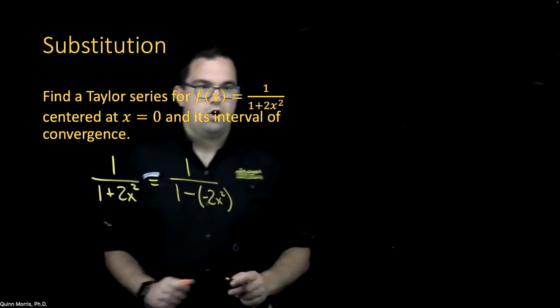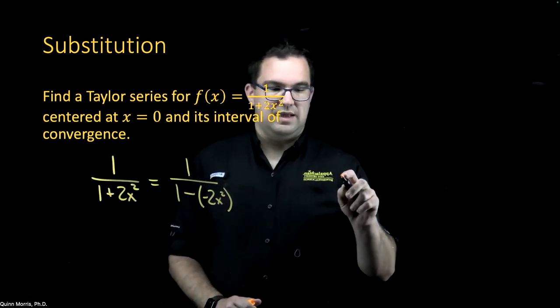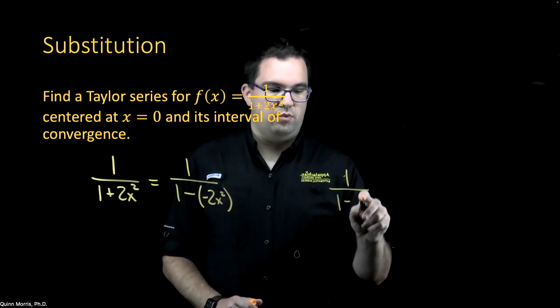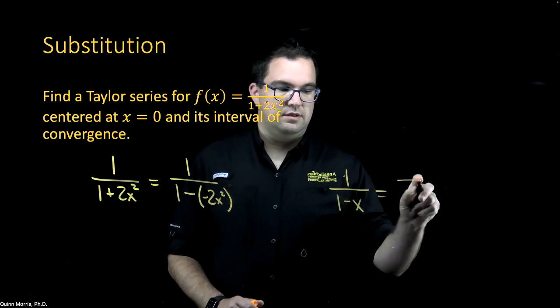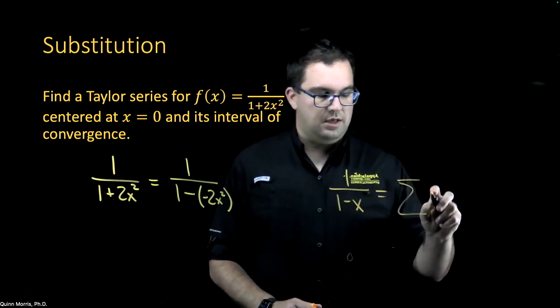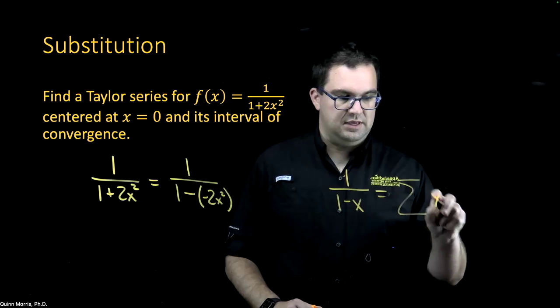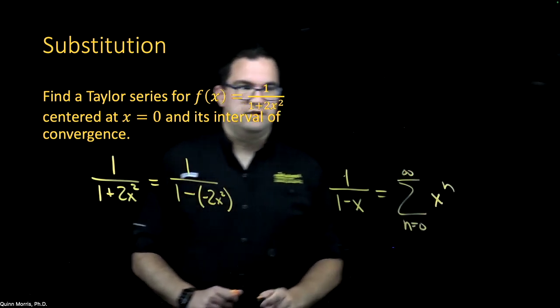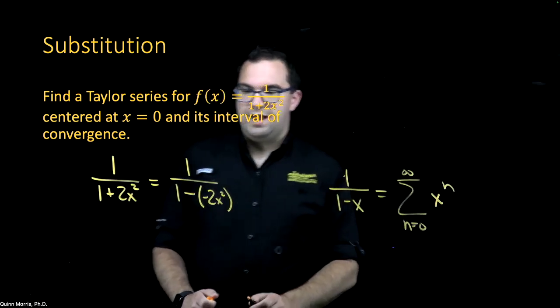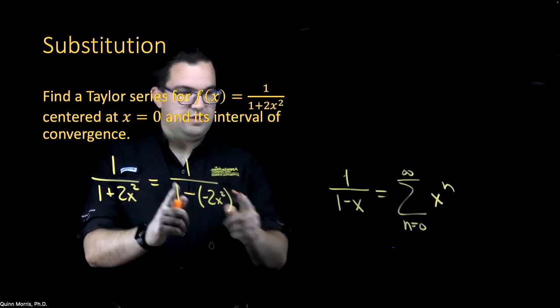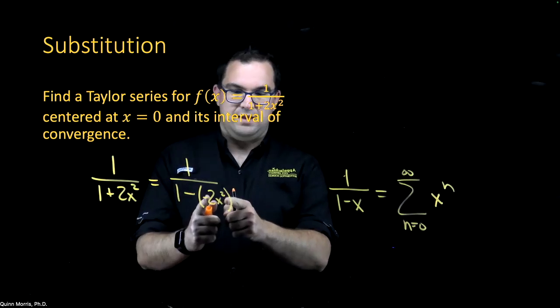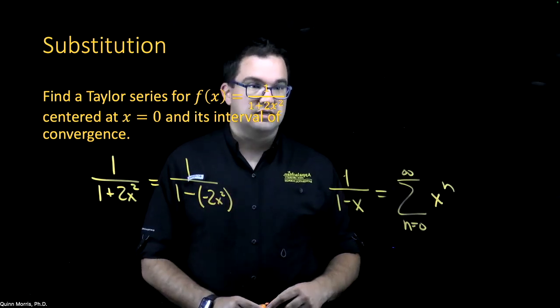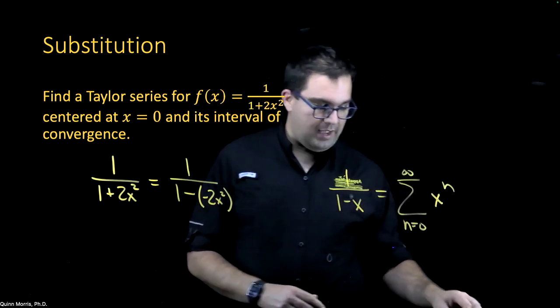Now recall that I know a Taylor series for the function 1 over 1 minus x. That's just the sum of x to the n, n equals 0 to infinity. And so now, if I want a Taylor series for this, I could just substitute in minus 2x squared everywhere I see x. And I can do that on both sides.